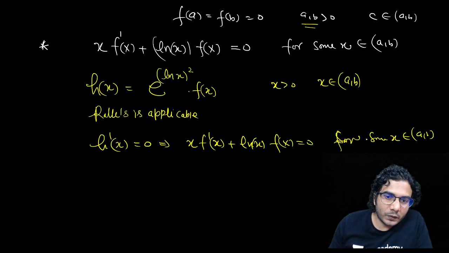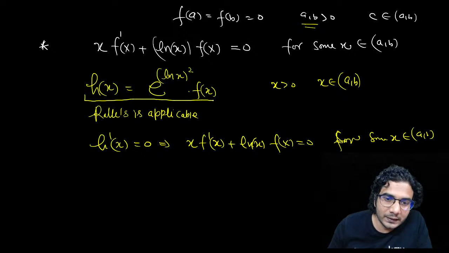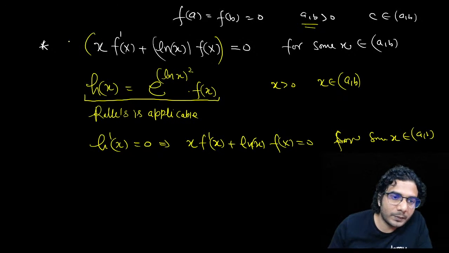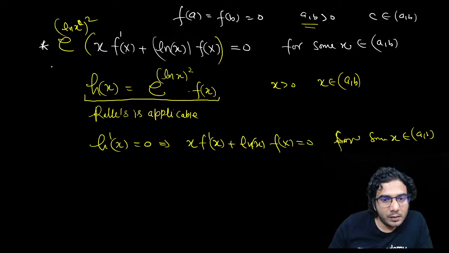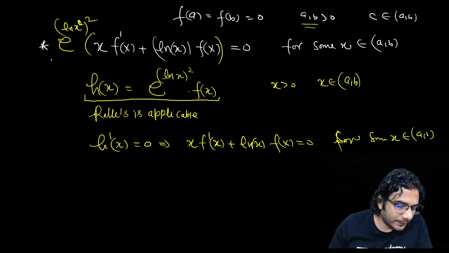You need to figure out hx first of all. So you have got hx. You can multiply this whole equation by e raised to ln x square, because it's a positive, non-zero number.